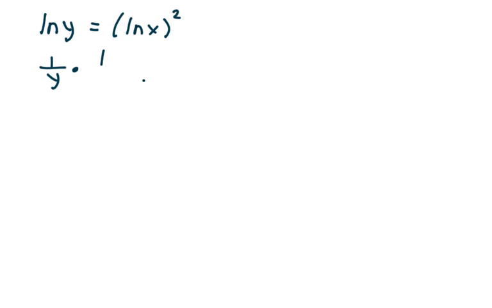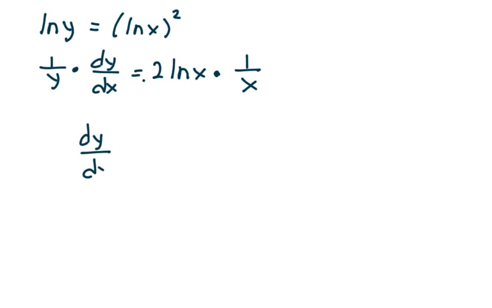So 1 over y dy/dx is the same as, I'm going to apply the chain rule on the right-hand side as well. So I get 2 natural log of x times 1 over x. So dy/dx is 2y natural log of x divided by x.